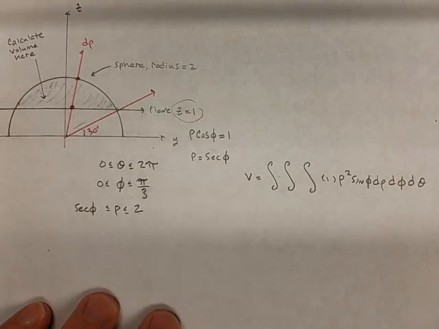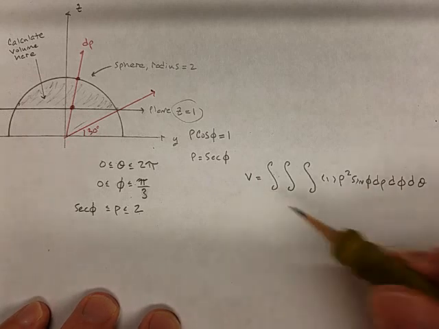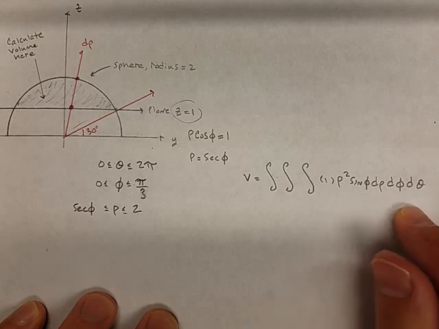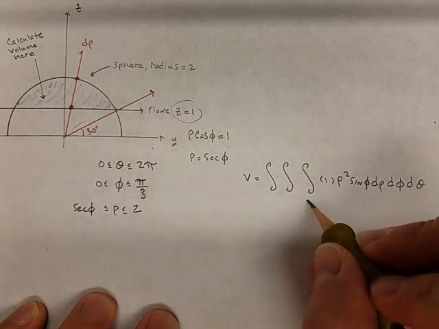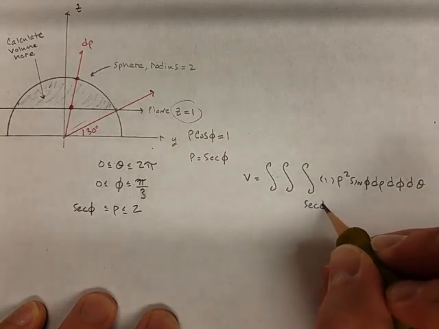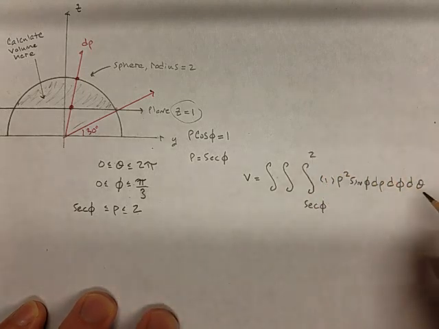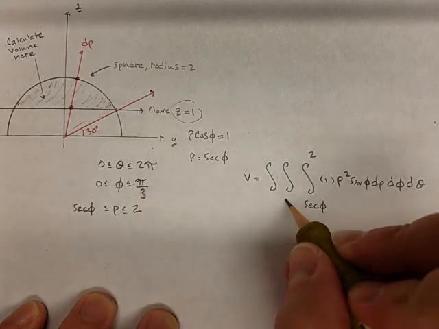Okay, so that's appropriate for what I'm looking for. And I guess the boundaries here match the order of integration. So rho is from secant phi to 2. Phi is from 0 to pi over 3.